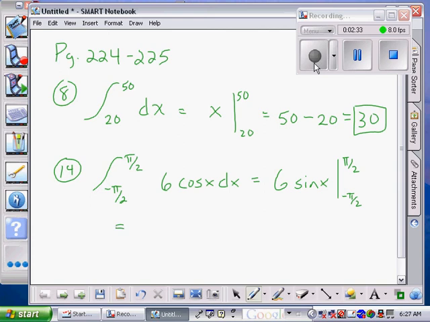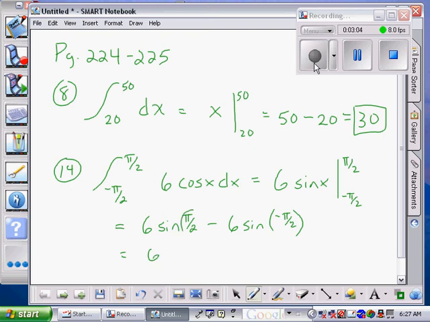And we plug in. So we're going to take 6 times the sine of the top one, pi over 2, and subtract 6 times the sine of negative pi over 2. Now let's see how much you remember off the unit circle. What is the sine of pi over 2? 1. So this becomes 6, right?